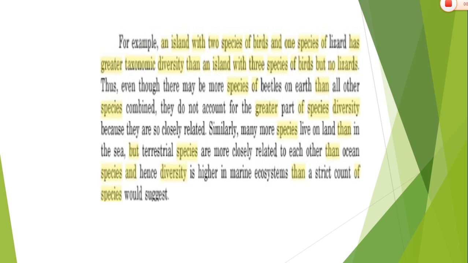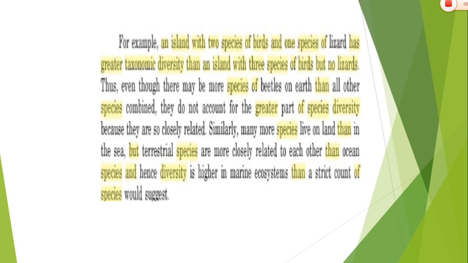Thus, even though there may be more species of beetles on Earth than all other species combined, they do not account for the greater part of species diversity because they are so closely related.